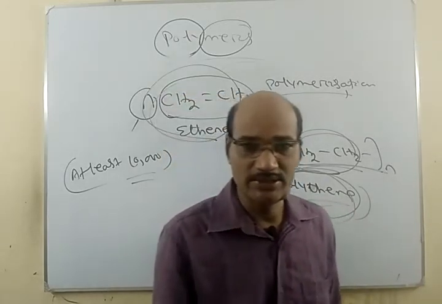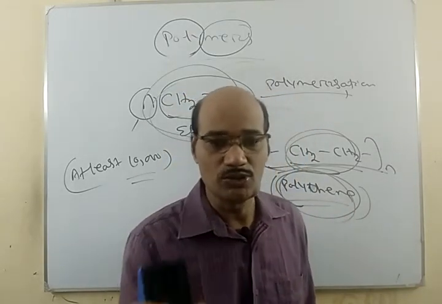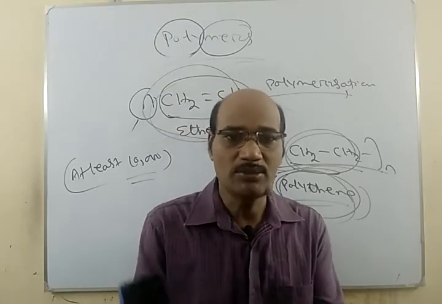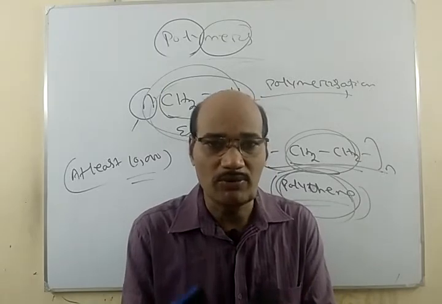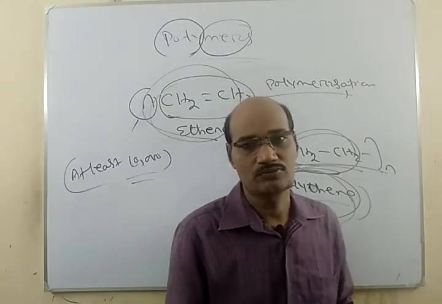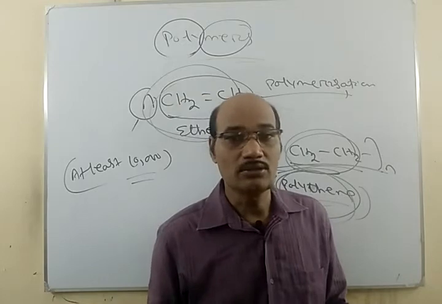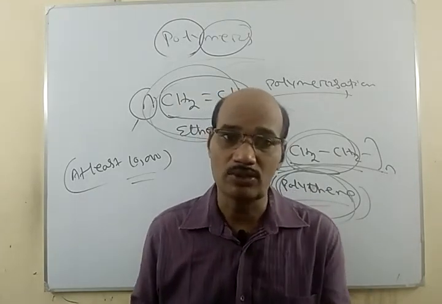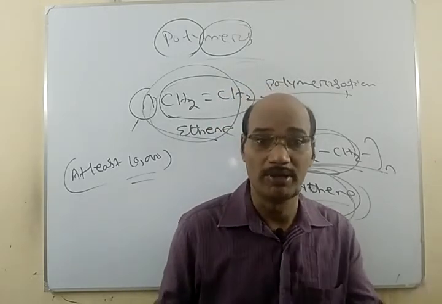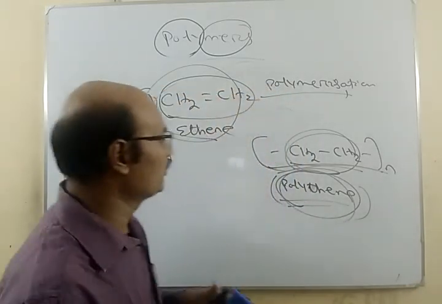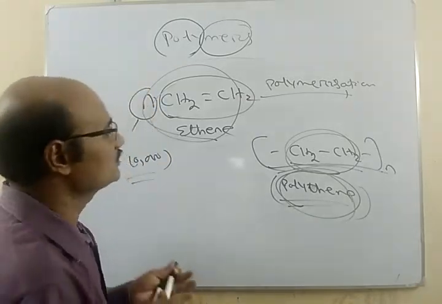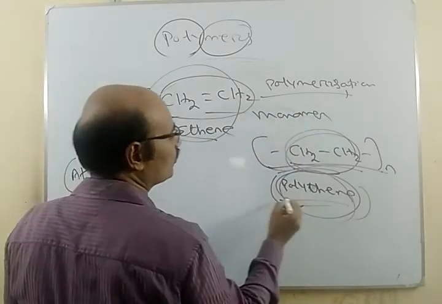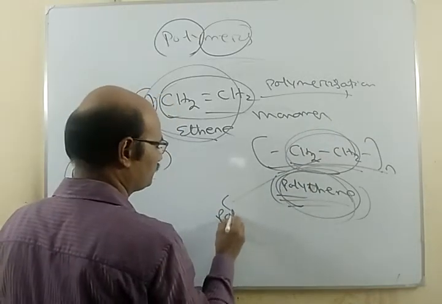So polymers are big giant molecules formed by the combination of a large number of low molecular weight small molecules, and the low molecular weight small molecule is called the monomer. The small unit here is called the monomer. Monomer gives the polymer.